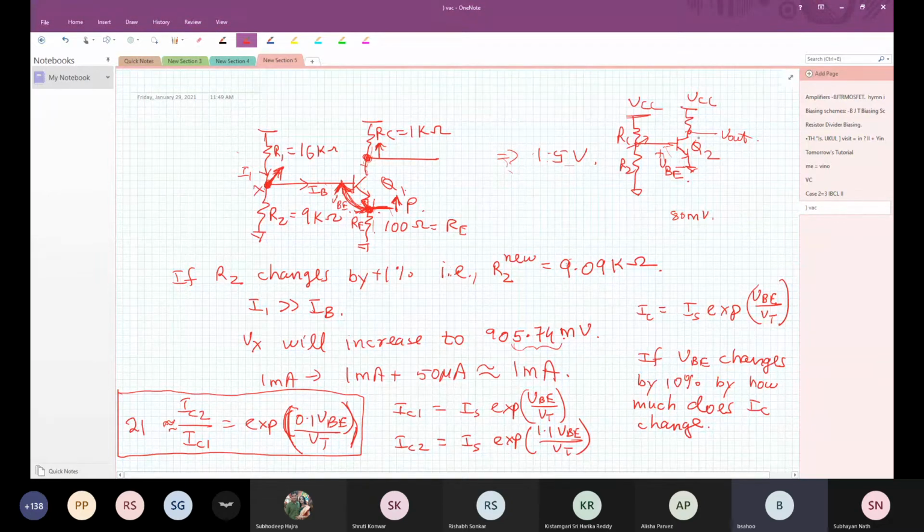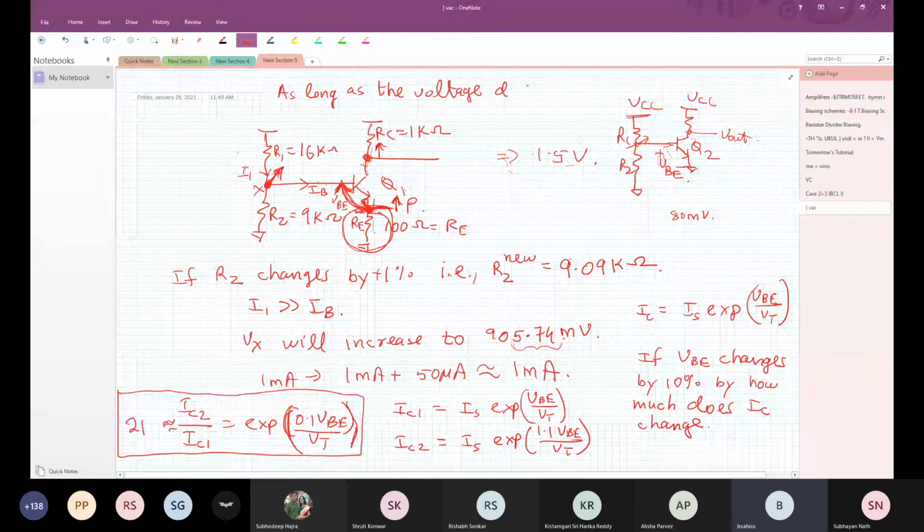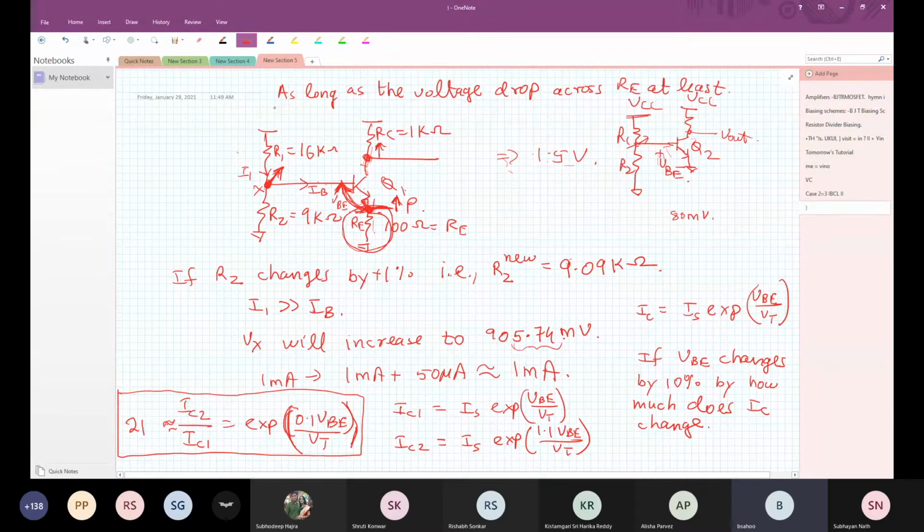So now the rule of thumb is we have to make sure the voltage drop across RE is at least 3 to 10 times more than the tolerable variation of VB.